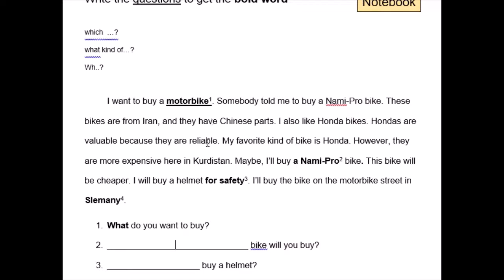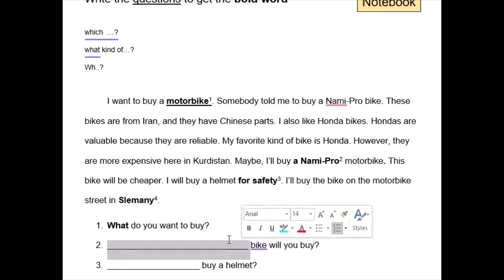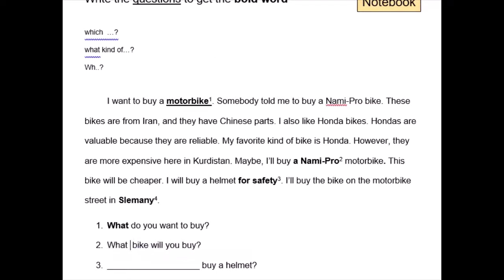Number 2, maybe I'll buy a Nami Pro bike. Okay, a Nami Pro, it's a type of bike, motorbike. So in my question here, I have blank bike will you buy? So I think I need to use one of these new question phrases. What kind of bike? What kind of bike will you buy?